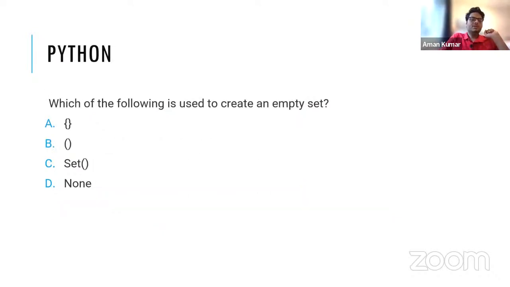How do you create an empty list, empty set? See, set is normally written in this bracket, no? If I'm not wrong.